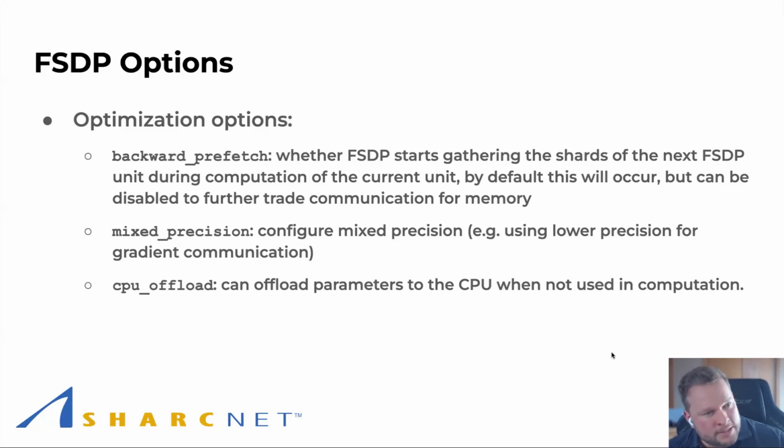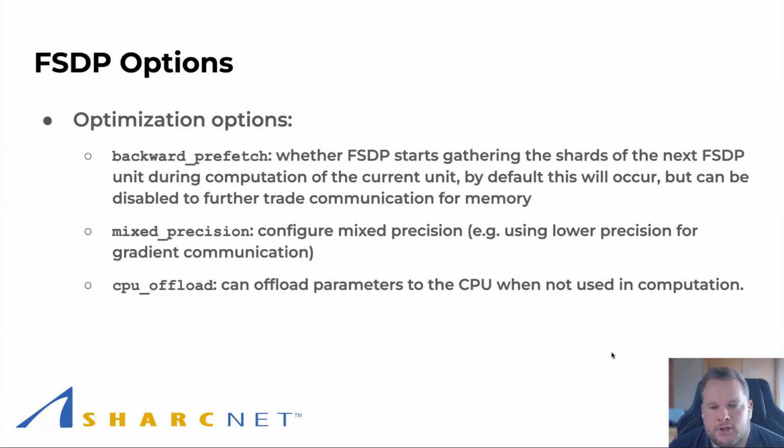But if we're really constrained on memory, we might not want to be loading in the next unit while we're working on the current unit. So you can turn this off, and that will help with the memory footprint. So again, now we're desperately squeezing our model to try and fit it in and really paying the price in communication for it.